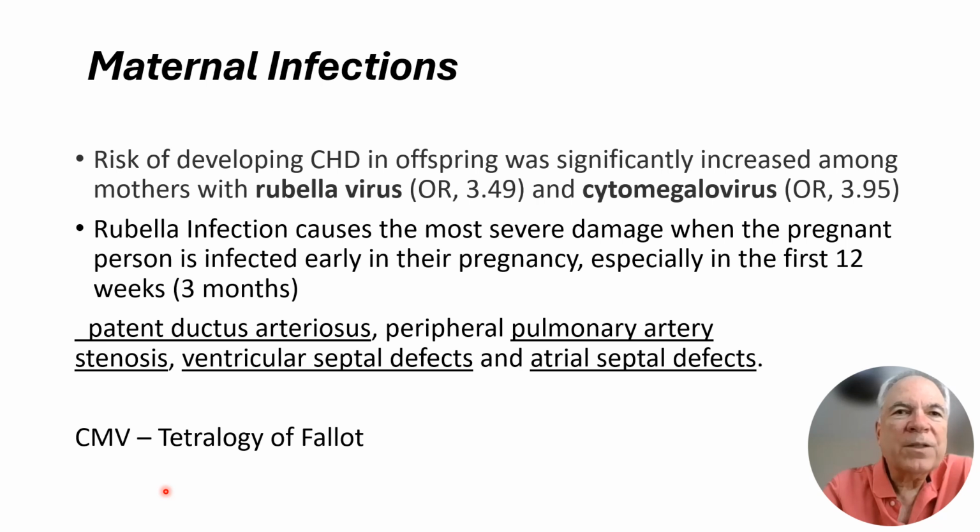And the rubella infection is most severe when the pregnant person is infected early in pregnancy, especially the first 12 weeks. The defects noted with exposure to rubella are patent ductus, pulmonary artery stenosis, ventricular septal defects, and atrial septal defects, and exposure to cytomegalovirus, or CMV, has an increased risk of tetralogy of Fallot.